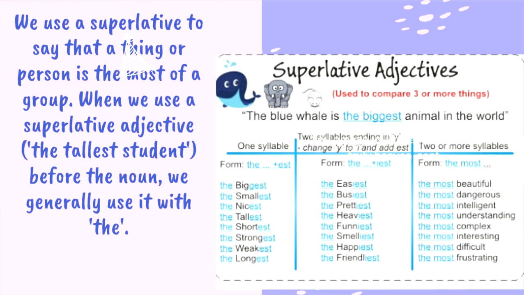Okay, to finish this, we are going to talk about the superlative. The superlative is used to talk about the most important person or thing in the group. Okay, when we use a superlative adjective, remember that you use the, or thee. You can use both pronunciations, and est.